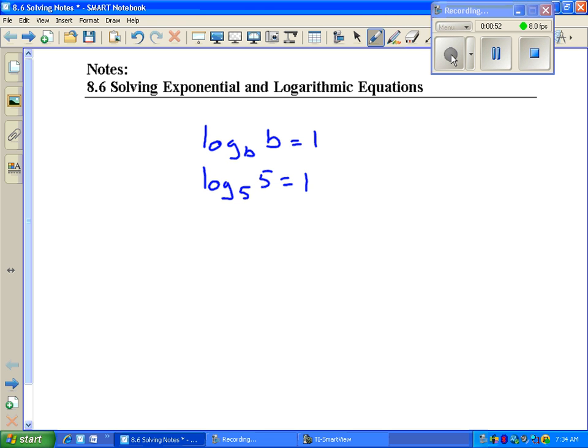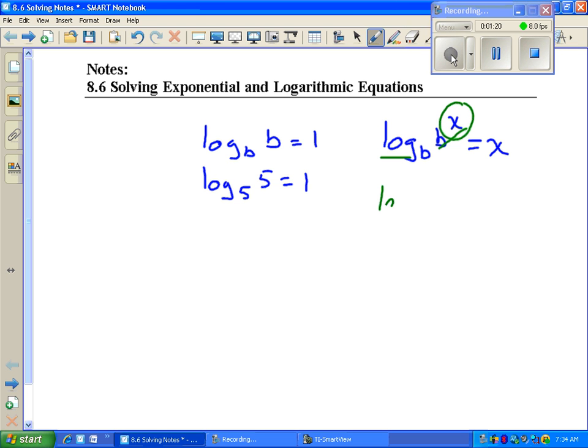What that also gives me is this: if I take log base b of b to the x power, it is equal to x. This tells me that my log and my exponent cancel, so all I'm left with is my variable x as my answer.